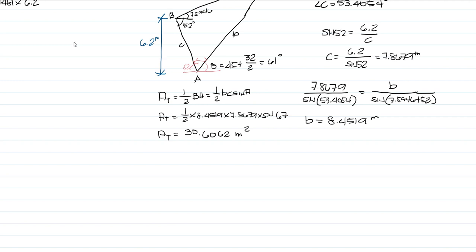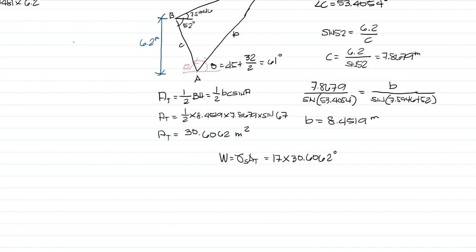So, para mahanap natin yung weight ng failure wedge in kilonewton per meter or per meter strip analysis, that will be W is equal to yung gamma ng soil times the area of the triangle. So, that is just 17 times the area of the triangle, which is 30.6062.